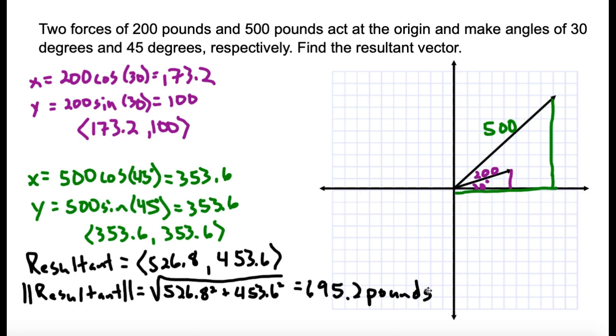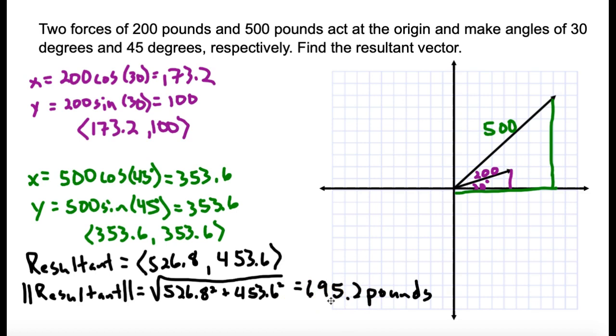So what we just determined there, right, this is the component form of the resultant vector. If I've got these two forces acting on this object, right, 200 pounds in this direction, 500 pounds in this direction, the resultant force is 695.2 pounds. It's not 700 pounds, as you would kind of think, right? If you've got these two forces, you would just add them together. But no, it's 695.2 pounds.